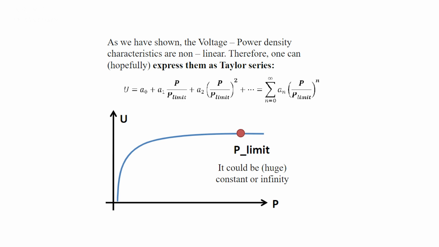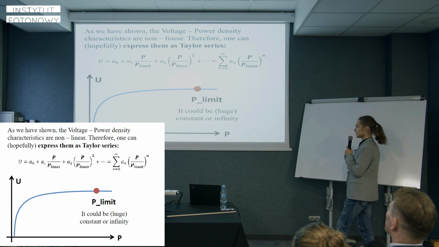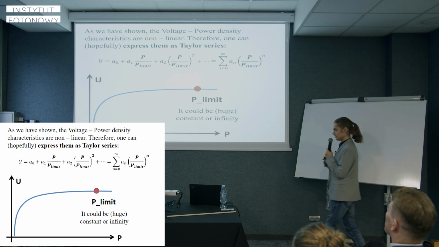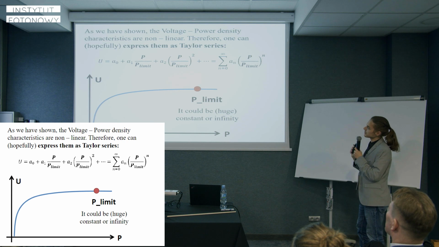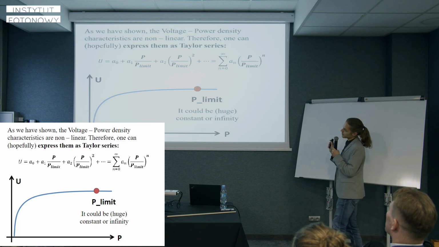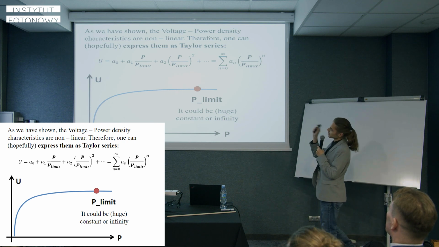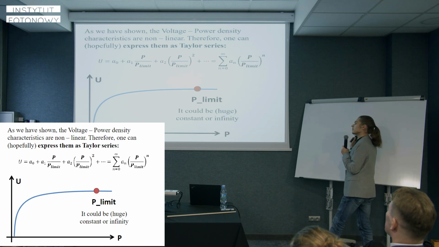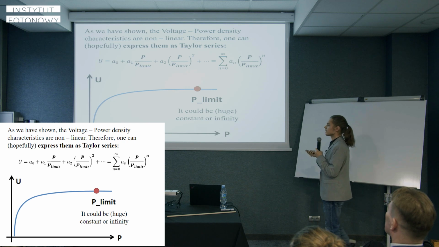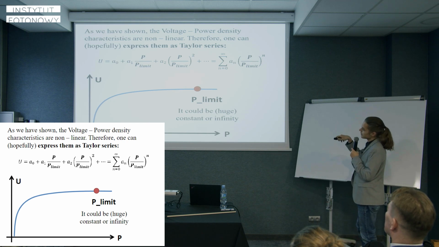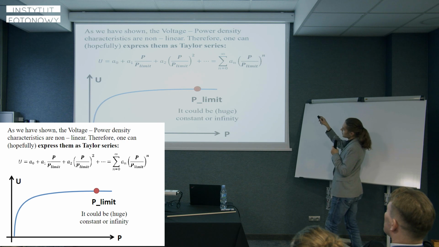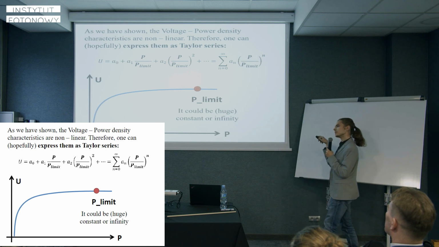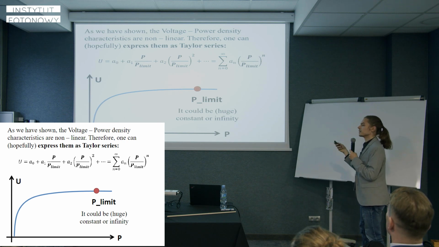In fact, I am assuming that I can express my photovoltage versus light intensity dependence as a Taylor series of this kind. So photovoltage is a Taylor series of the power density, and for dimensional convenience I introduced the constant P limit so that all the coefficients of this Taylor series have the unit of current.